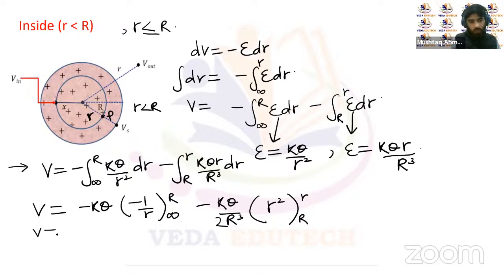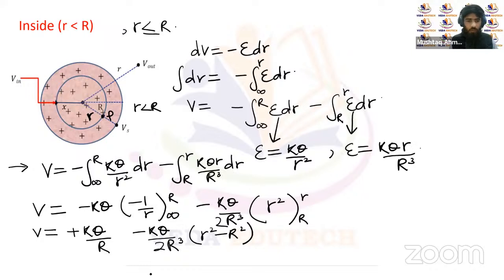Now substituting the value of limits, minus it will be plus KQ upon R. 1 upon infinity will be 0, so that term will vanish. We'll be left with plus KQ upon R only here. So it will be minus KQ over 2R cube with the limits r square minus capital R square.